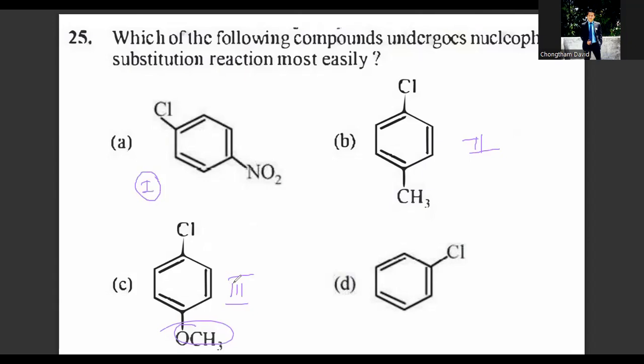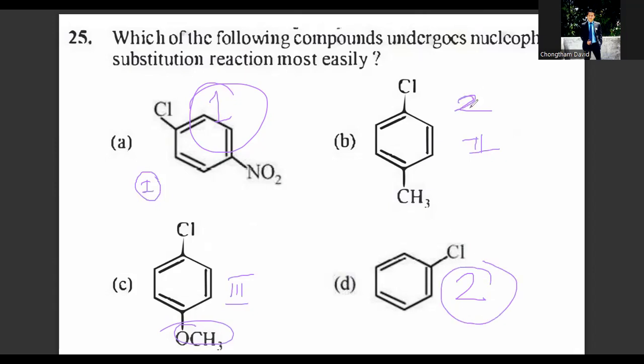In this case nitro is an activating group, whereas methyl and methoxy are deactivating groups towards nucleophilic aromatic substitution reaction. So make the ranking, the most stable will be this nitro containing compound. I'll write here 1. The second ranking will be this chlorobenzene.